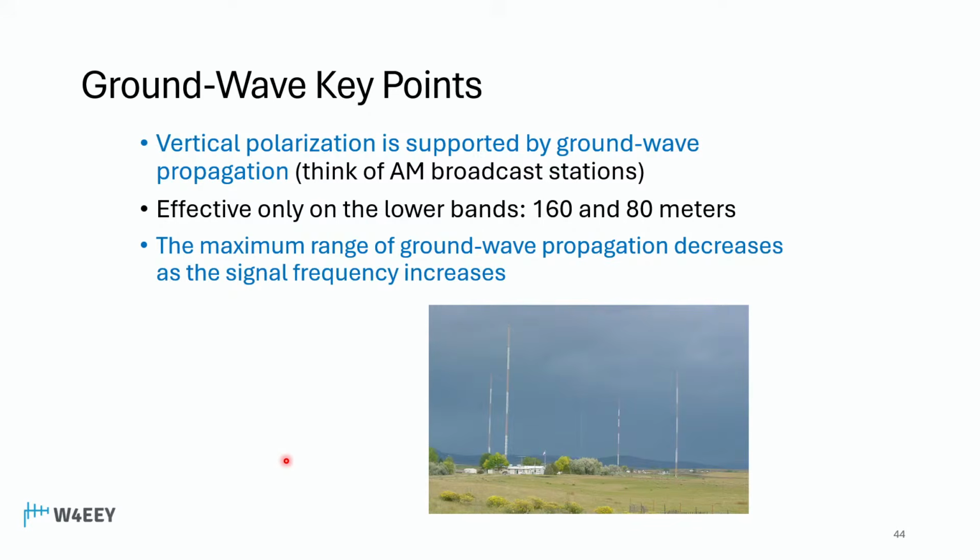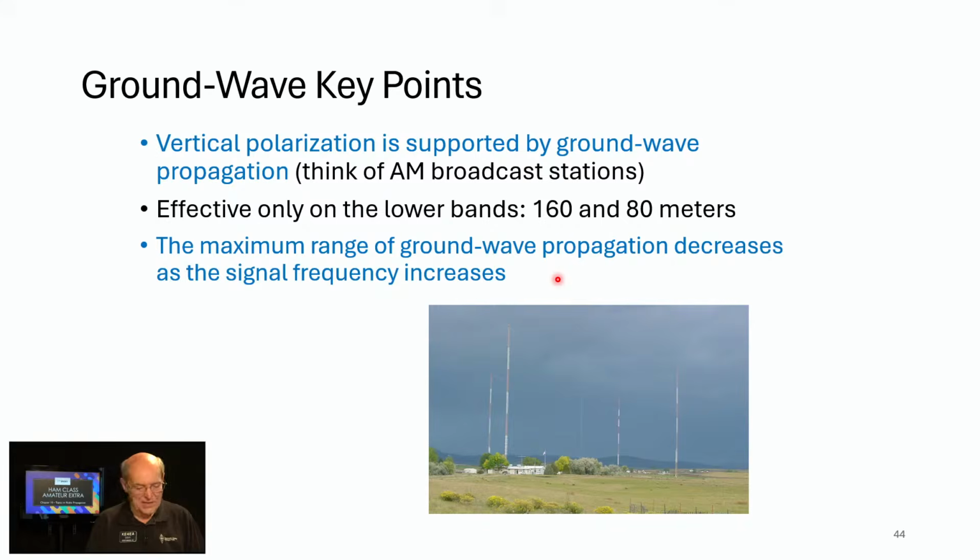And Gary was talking to us last week about directing beams. It's only effective on the lower bands, 160 and 80, some effect on 40. The maximum range of ground wave propagation decreases as the signal frequency increases. And what helps me to remember that is that 10 meters is terrible. At the other end of the HF bands, much better.